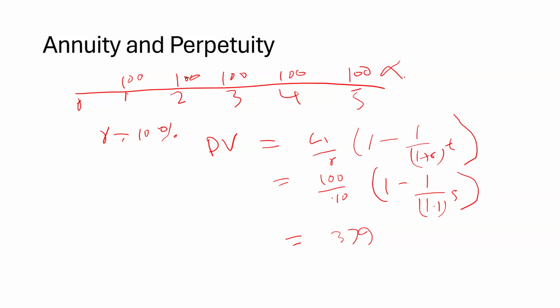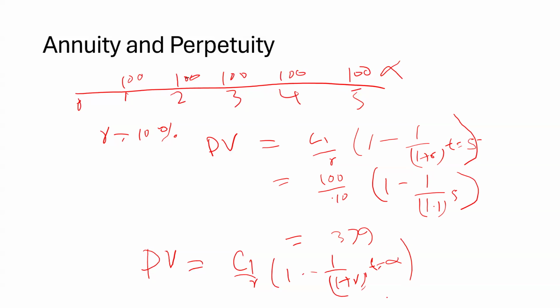To apply the effect of indefinite, when we write the present value of the annuity formula, let's do the same thing here. PV equals C1 times the term with R to the power of T, and in here T was equal to 5. In here T is indefinite, right?